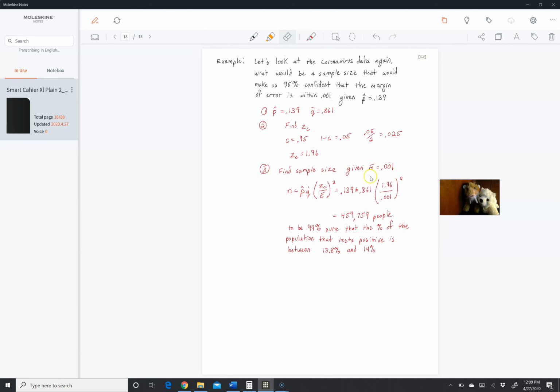So notice 3,000 is nowhere near that. And this is just to be 99% sure that it's between 13.8 and 14. It's not even that it's exactly 13.9. So you can see that 3,000 people is actually not that many people.